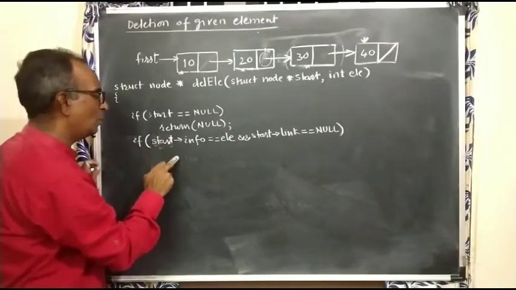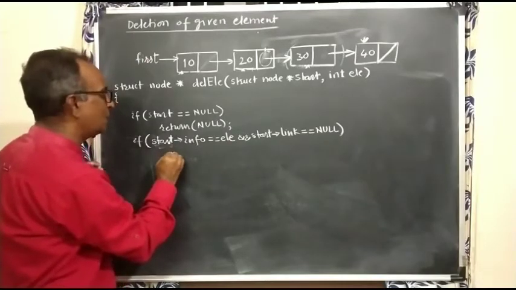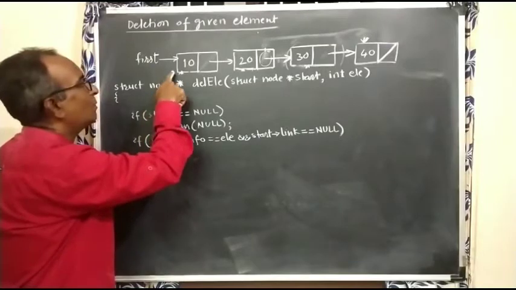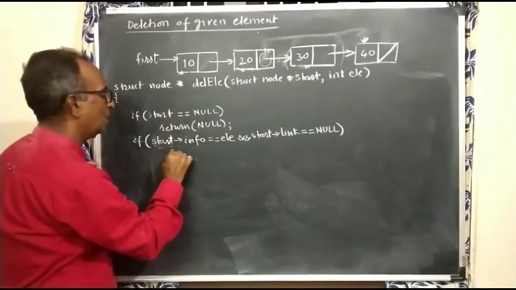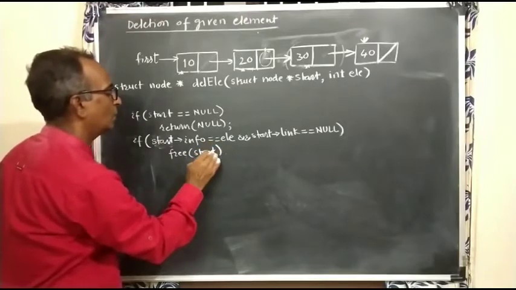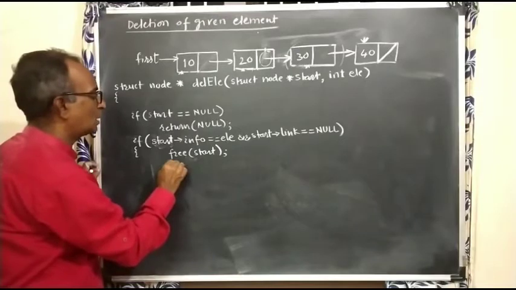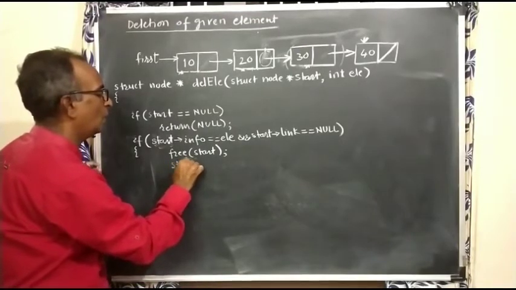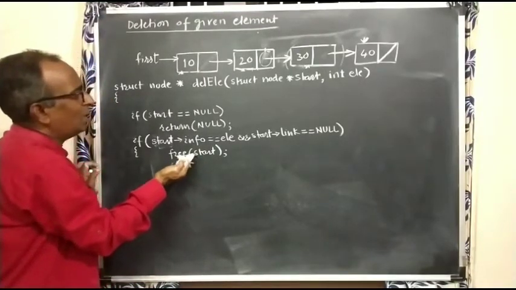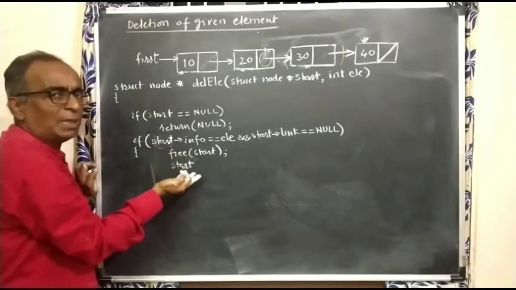So either you can write directly here what we are doing. If this is the case, we are freeing that start node, and start anyway, after deleting you have freed, start will be null.